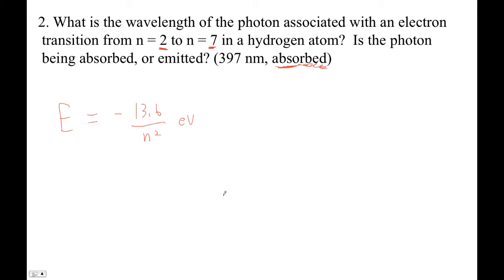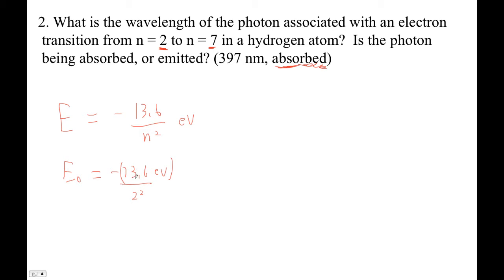So let's figure this out. The initial energy state is negative 13.6 over 2 squared electron volts. And this 13.6 is made up of all kinds of stuff, like the Z of the atom and the electron charge built into that.